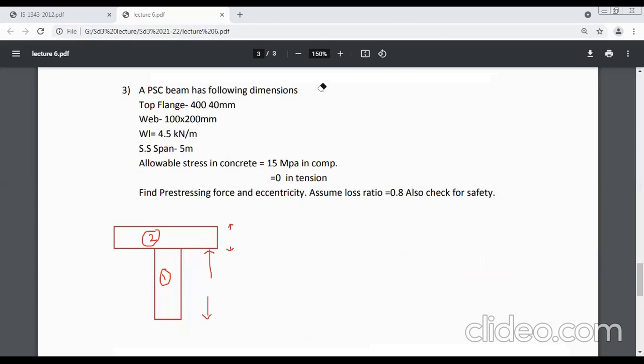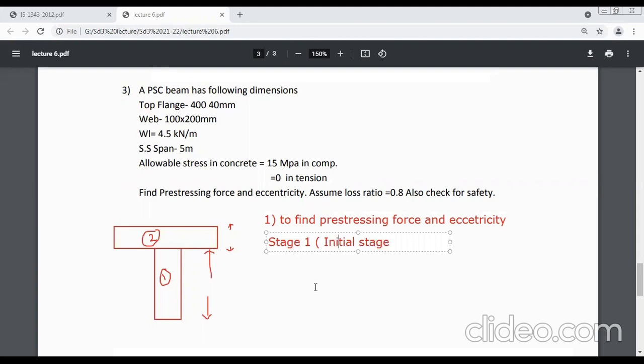We need to find the prestressing force and eccentricity for stage 1, or in bracket you can write initial stage.